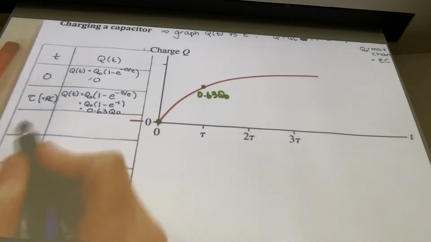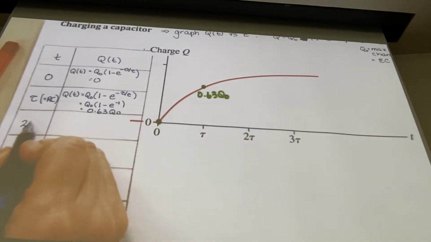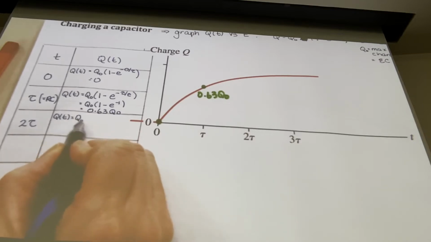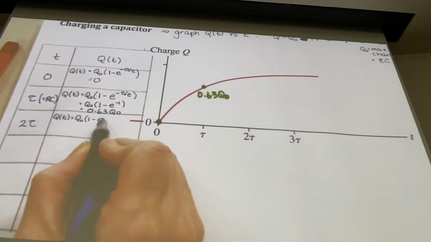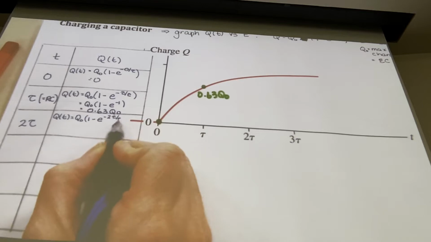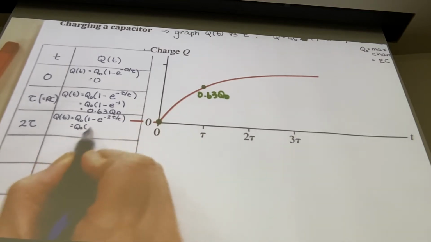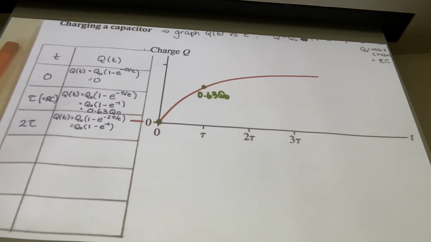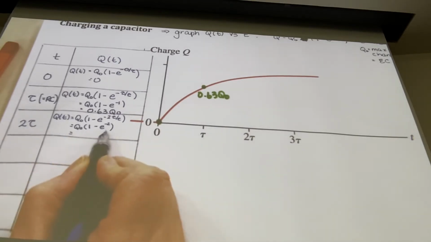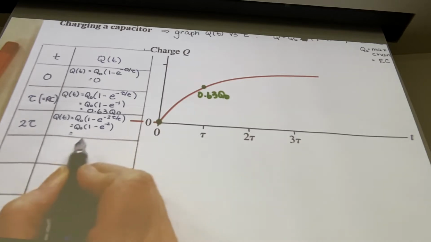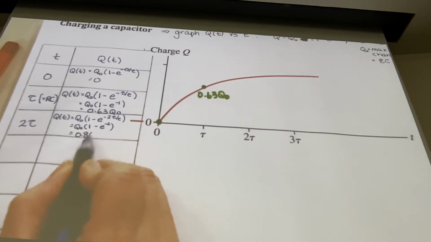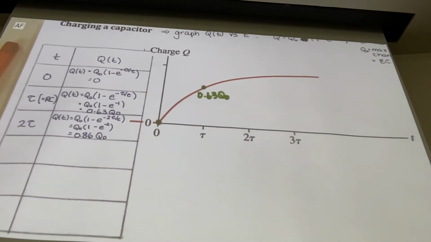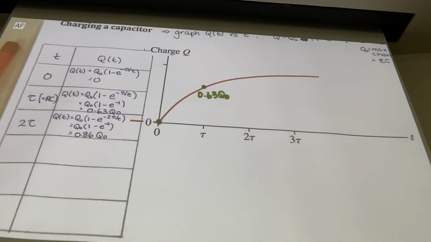Okay, let's go to 2 time constants next. So 2 times RC. So our charge is equal to Q0 times 1 minus e to the minus 2 tau over tau, which would be Q0 times 1 minus e to the minus 2. You could do that one on your calculator, and this number, 1 minus e to the minus 2, would give you 0.86. So after 2 time constants, we hit 86% of the maximum charge.